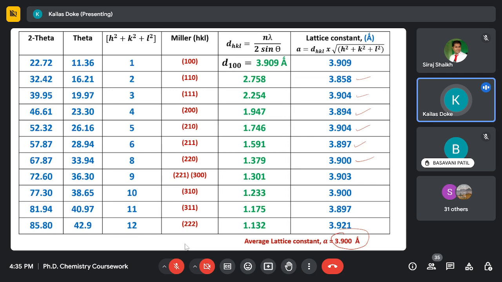Now, this is another research paper, Nanoscale Research Letters, which is a Springer journal, and I have directly taken the second figure of X-ray analysis.